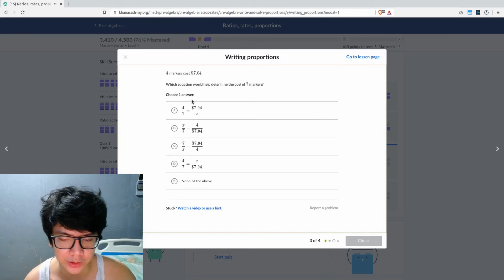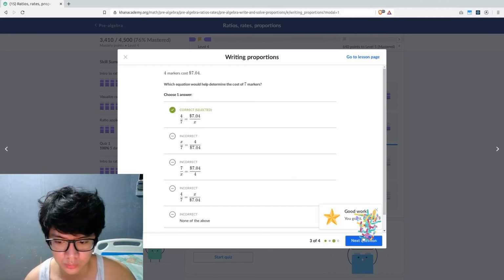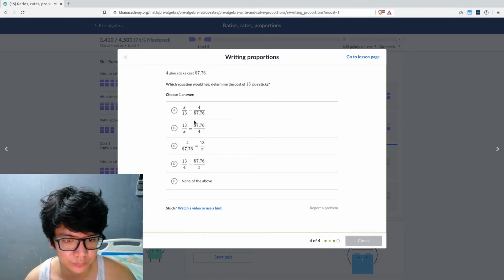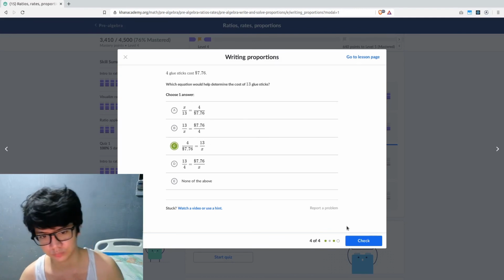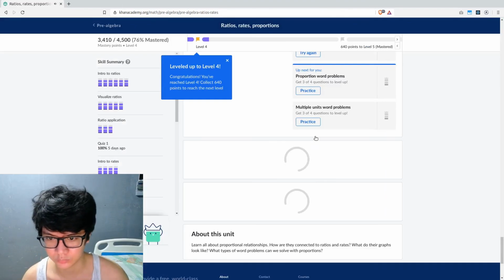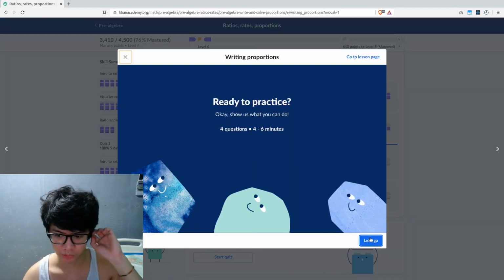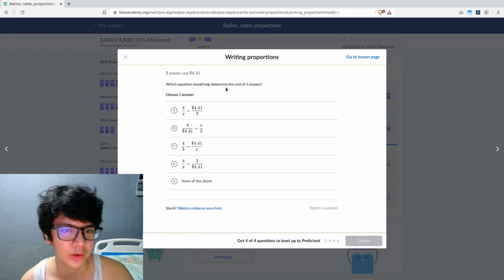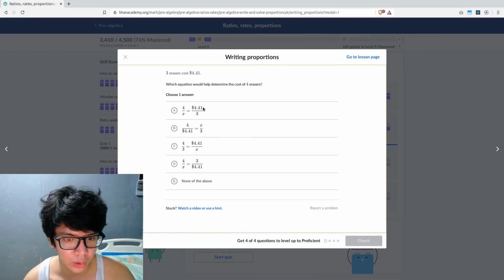Erasers again. Just looking at the signs. Erasers cost. No. 6 or 4, no. No.